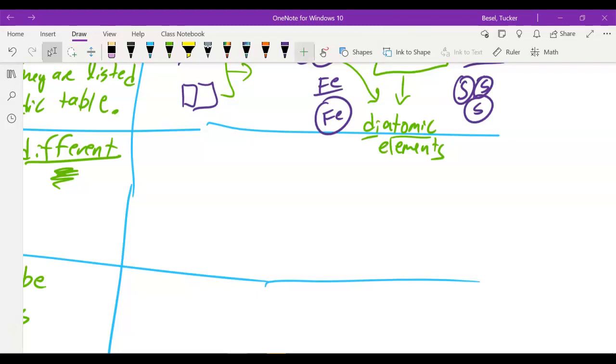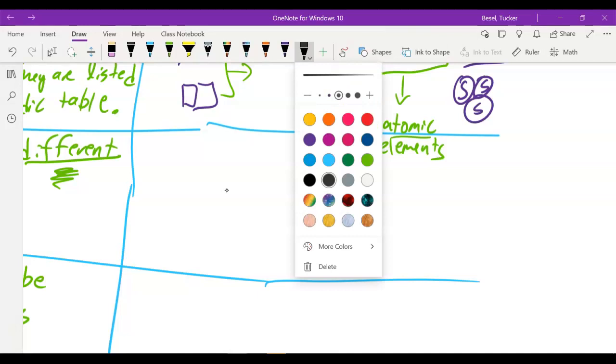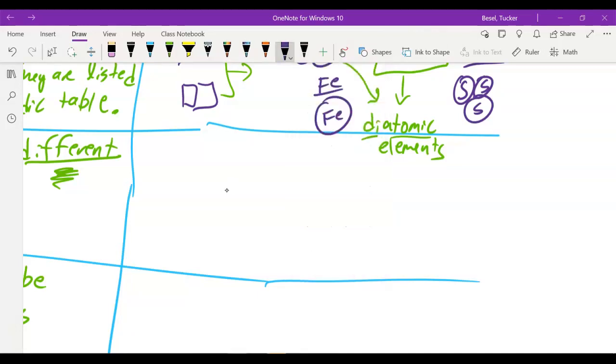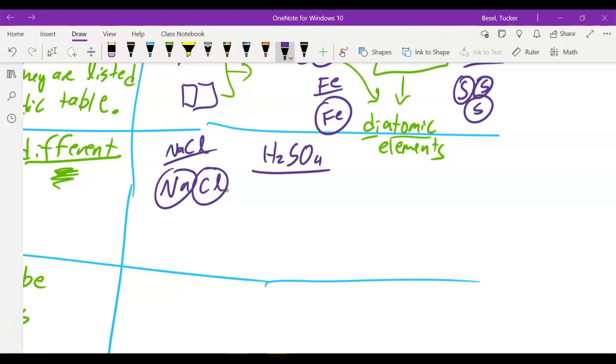Let's just stick with what we've been doing, so purple. So NaCl, that's a compound. It's 2 or more different atoms put together. Then you got your H2SO4. Another one I did before. It's that complicated one, but this is also a compound.